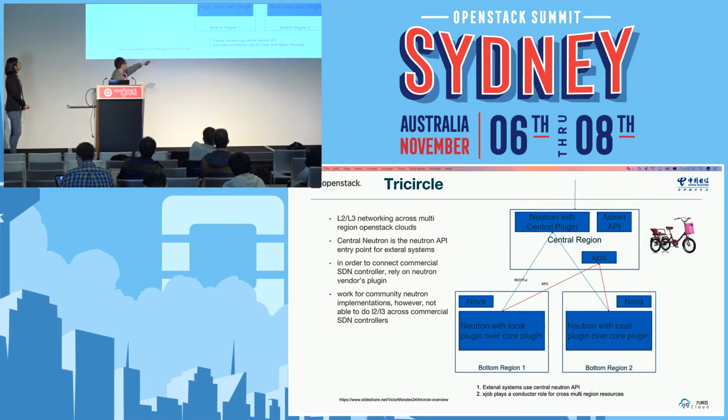And at each bottom region, it is a complete OpenStack region. And there is Nova, Cinder, Glance, and etc. components. So this Neutron will be configured with a Tricircle specific local plugin. Then Tricircle local plugin will sit over real core plugin, such as modular layer 2 plugin.